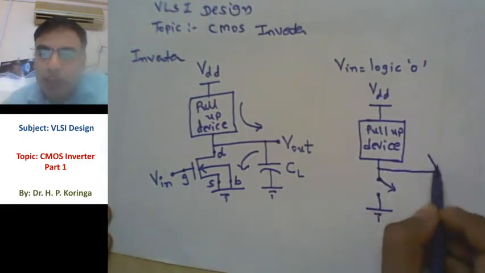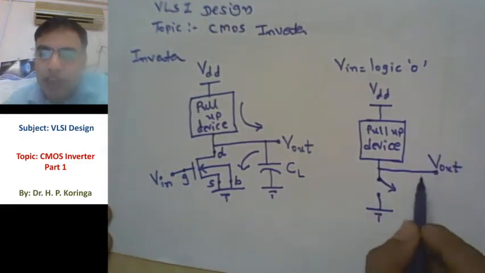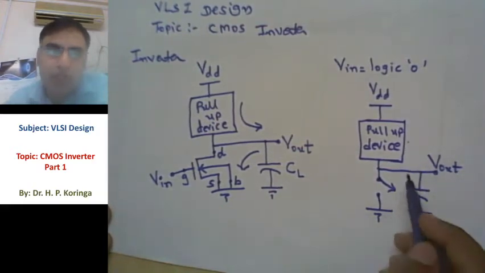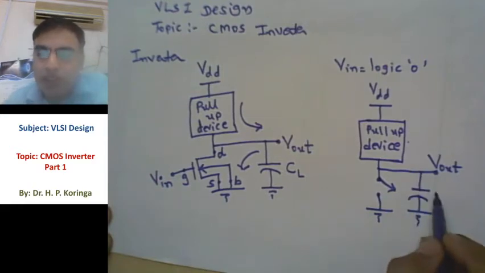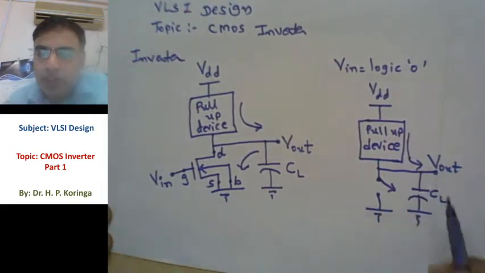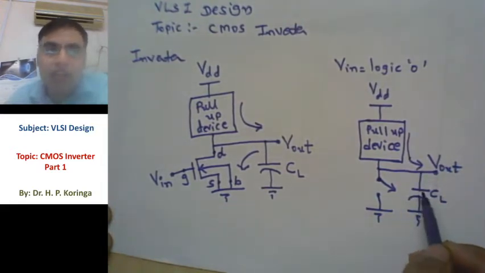So our output voltage will increase, meaning the voltage across the capacitor will increase through this pull-up device. We can say the load capacitor is connected to VDD through this pull-up device, and it charges the load capacitor. That's why it is called a pull-up device.